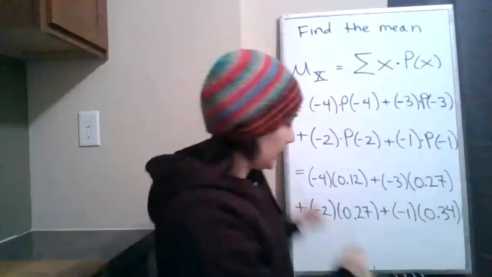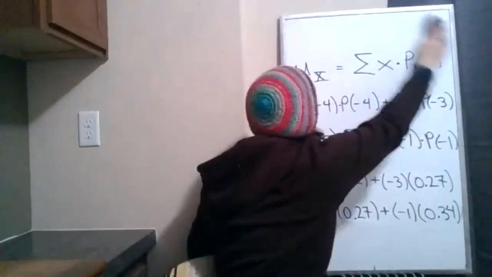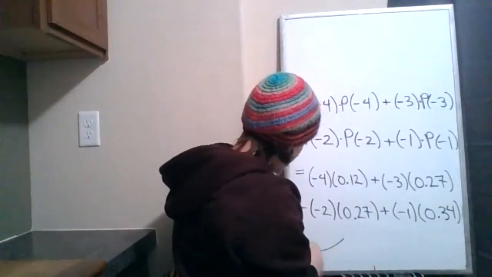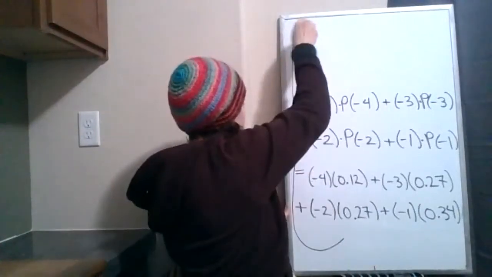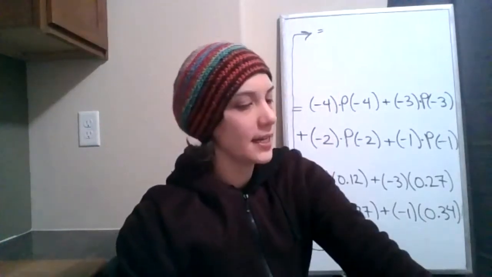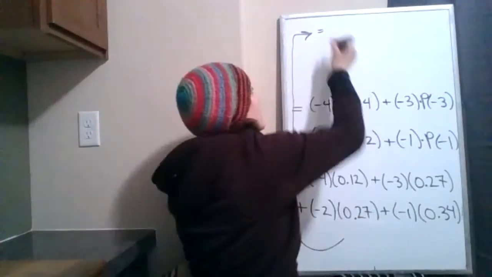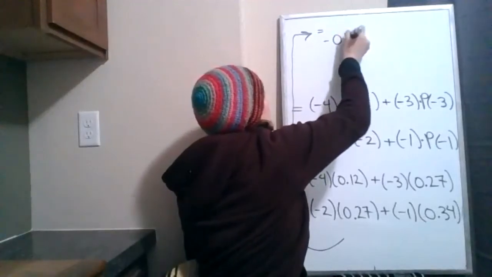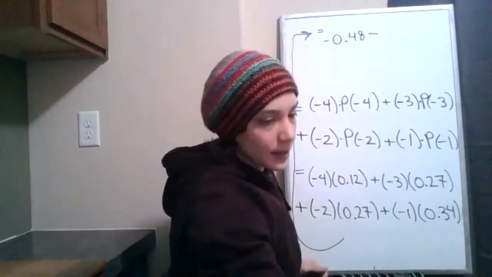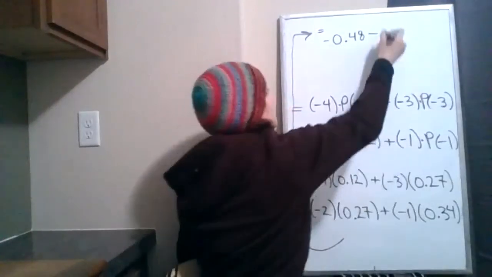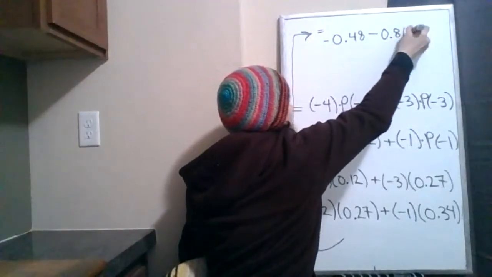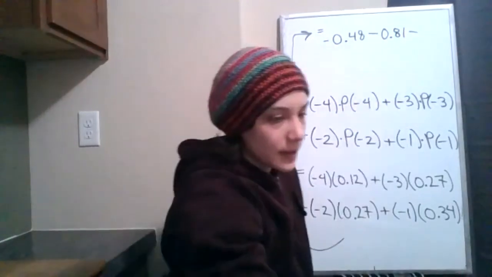I'll put a little bit of how I worked it out. First term is -0.48. And subtract 0.81. Subtract 0.54.